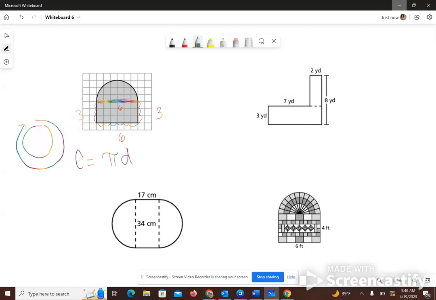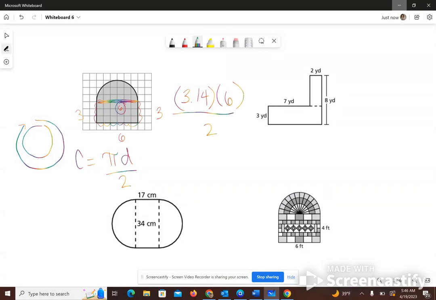Because this is a half circle, you have to remember at the end you've got to divide it by 2. So for pi, because it's irrational and it goes on forever, we're going to use the approximation of 3.14, and we're going to multiply that by the diameter, which is 6. And because it's a half circle, afterwards we're going to divide it by 2.